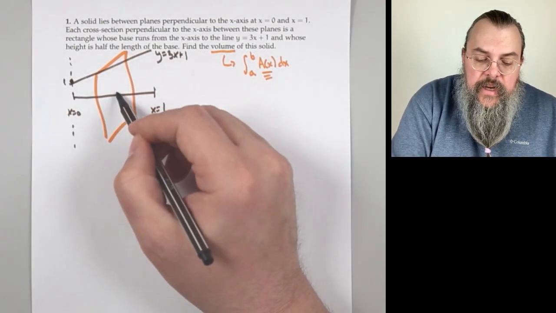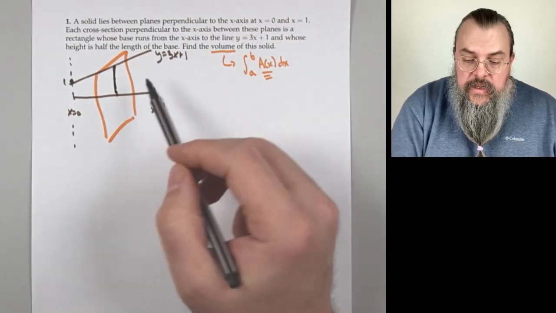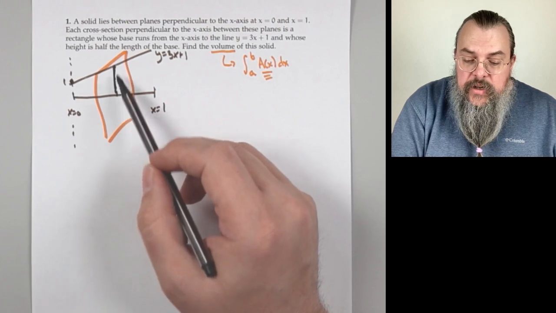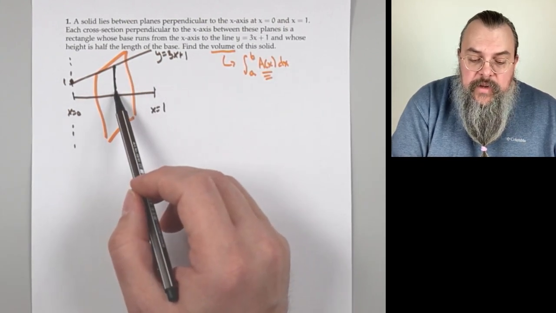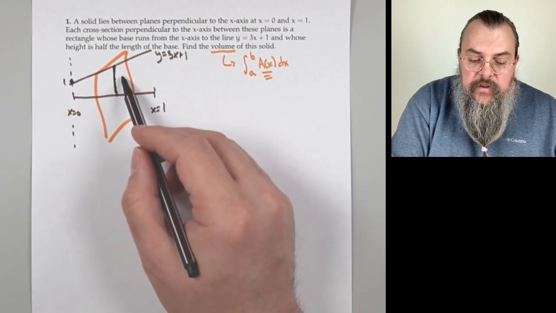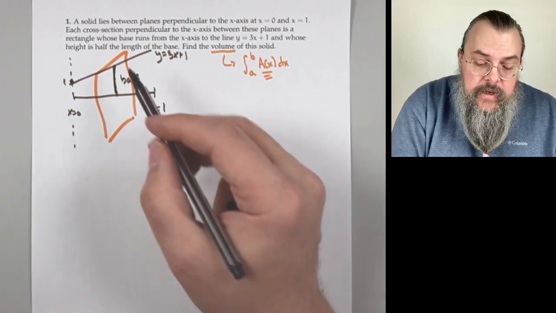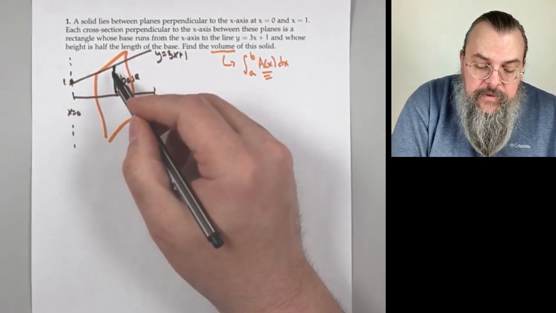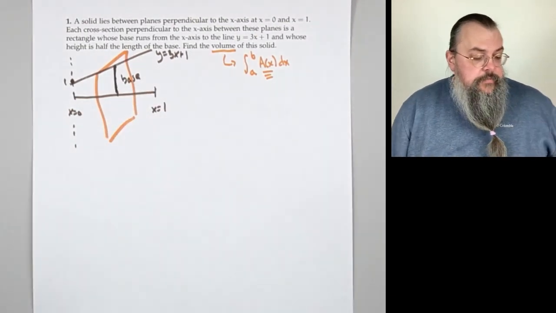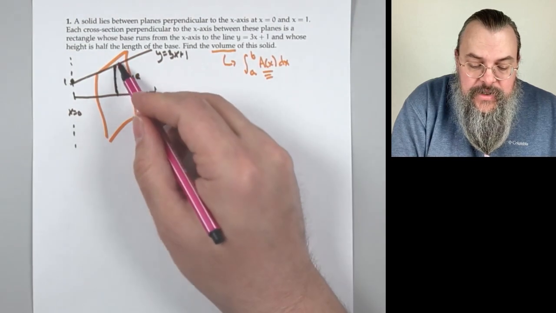Then at our slice, this right here is our base. So the base runs from the x-axis to this line. So here is our base. Good. Now what's our height? It's a rectangle, right? The hardest part is we're running out of colors to make sure we understand our picture.